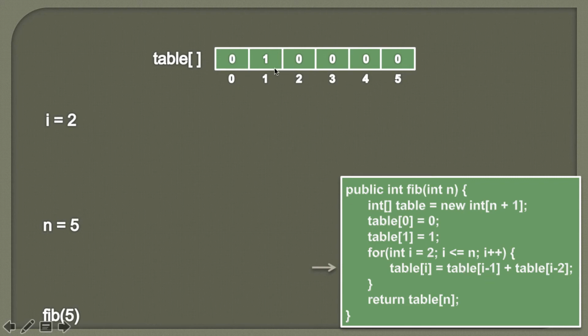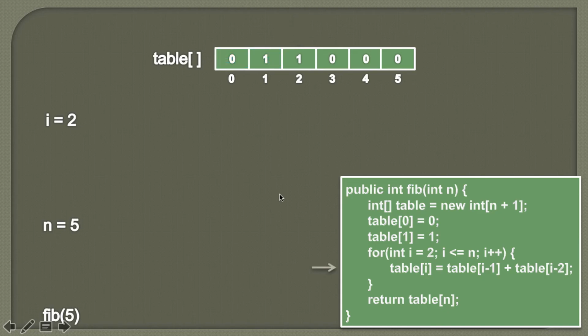So we'll simply add 1 plus 0 and store the value 1 at the second index here. So these are the two preceding numbers which we will add and store at this position. So now the value at second index becomes 1.